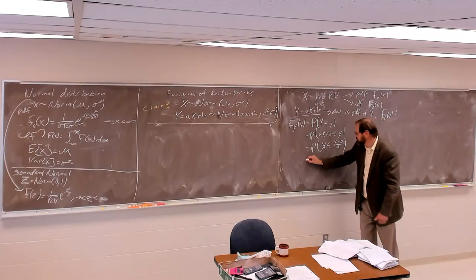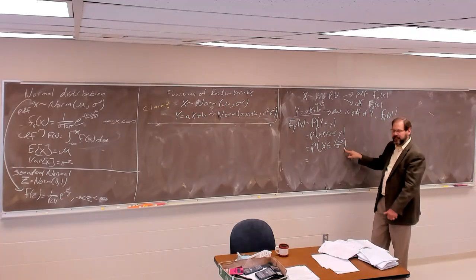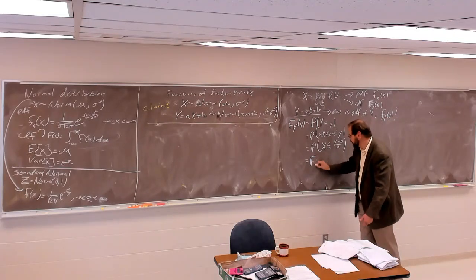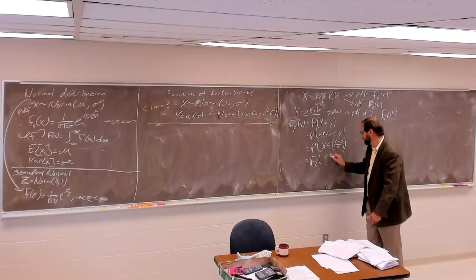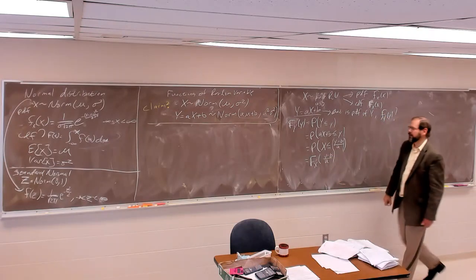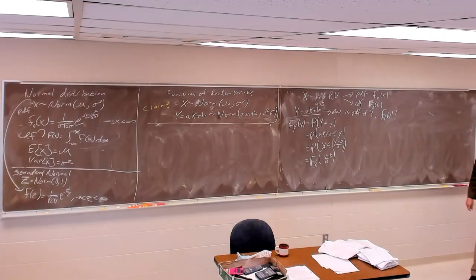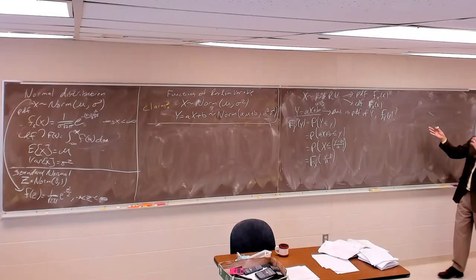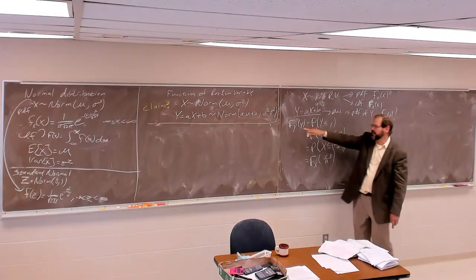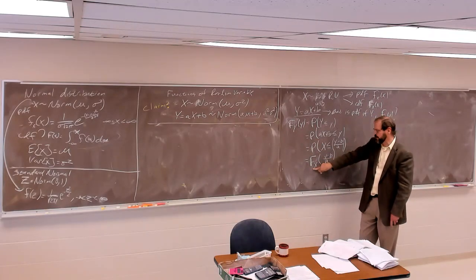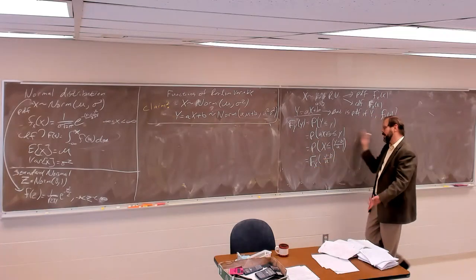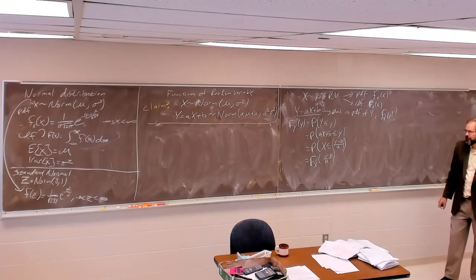And then the probability x is less than this is just the cumulative distribution function for x with y minus b over a plugged into it. So if I do this sort of linear transformation, I can write down the cumulative distribution function for y. It's just the cumulative distribution function for x with y minus b over a plugged into it.